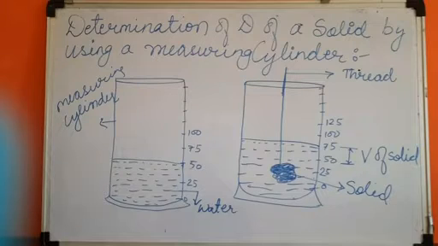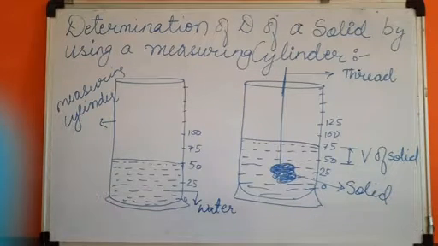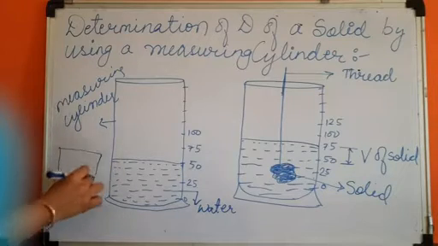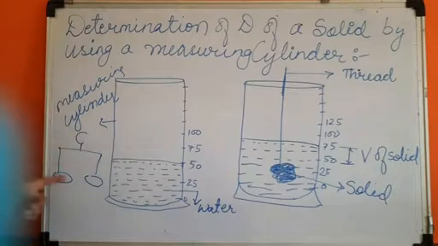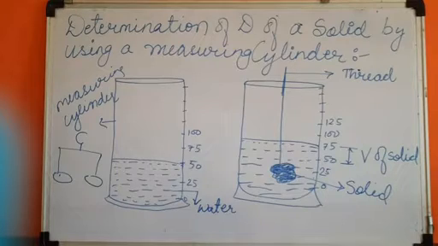So how will we determine that? The mass of the solid is determined very accurately by a physical balance. Using this you can measure the mass of the solid. Let it be m grams. Now volume.